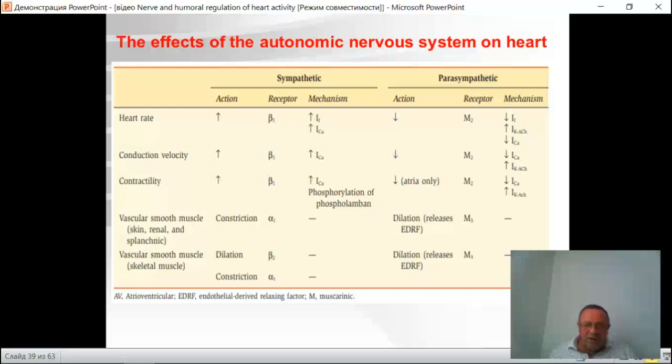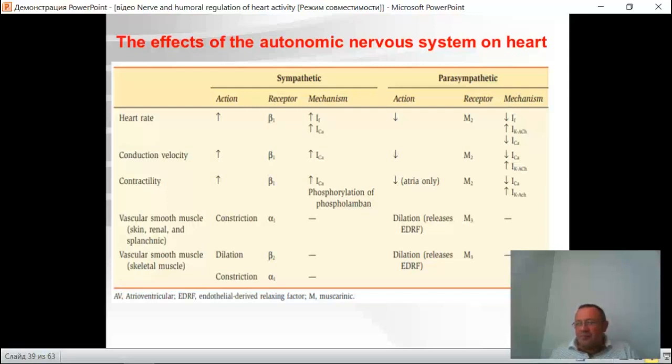The parasympathetic effect is a decrease, acting through muscarinic receptors. Conduction velocity: the sympathetic nervous system gives an increase, the parasympathetic effect is a decrease.